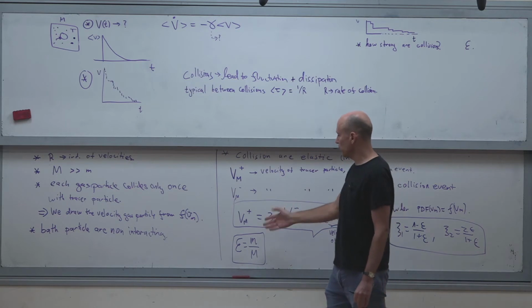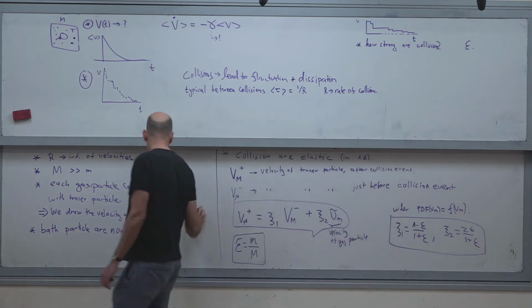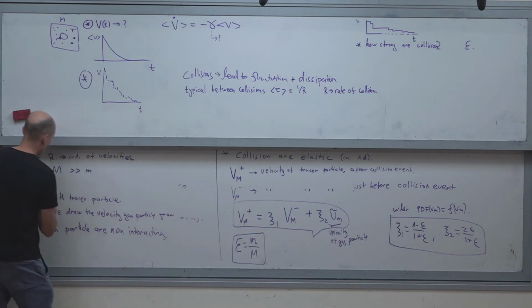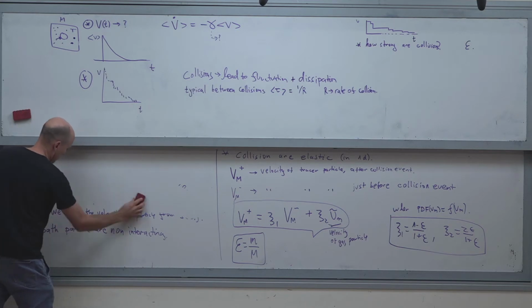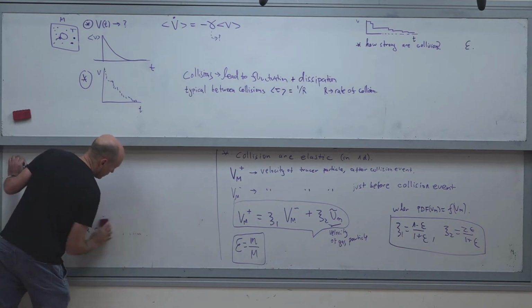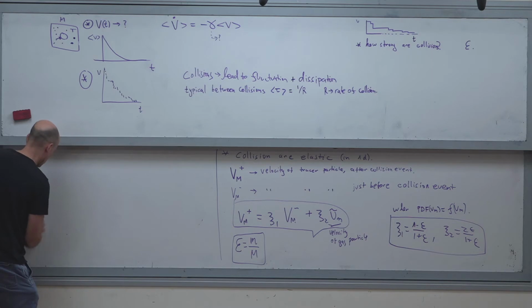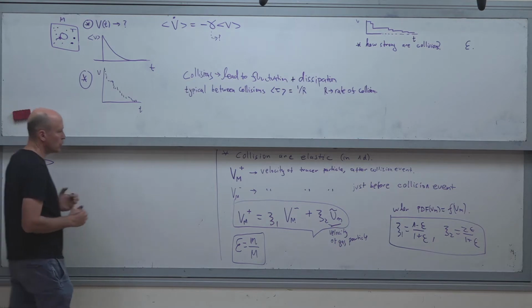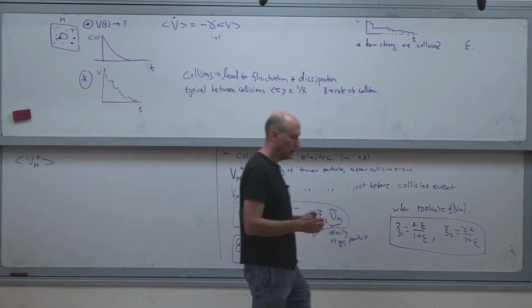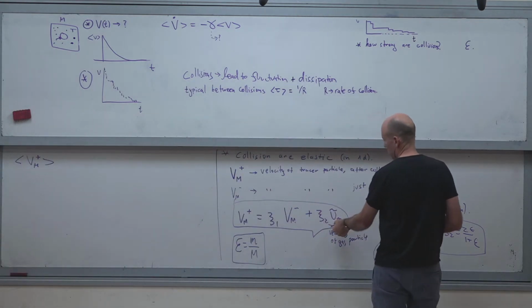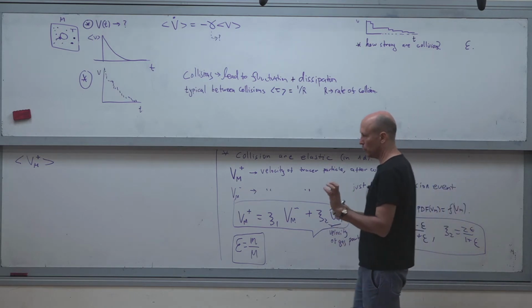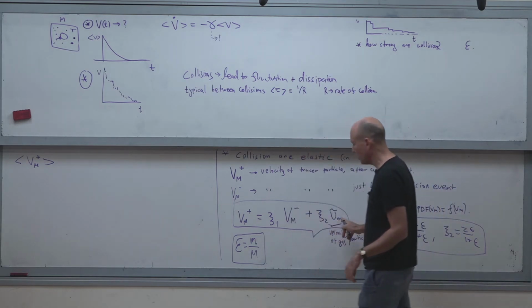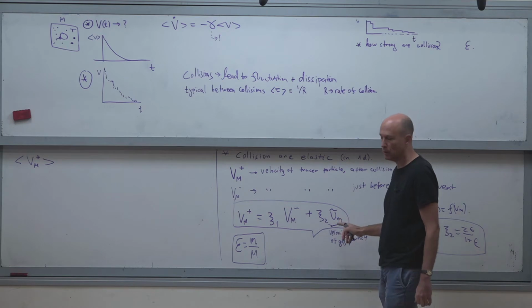What is the average of Vm plus? So Vm plus average. Average over what here? We average over these velocities. This is the meaning of the average right now. So the average velocity of the gas particle is 0, right?